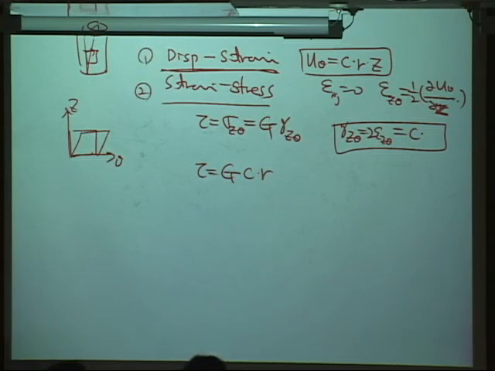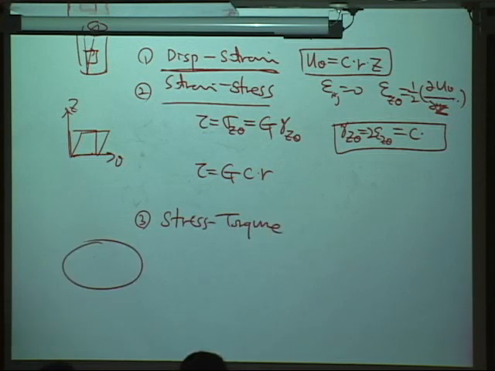This is the first step. This is the second step. What is the third step? Stress and torque. What is the relation? In cross sections, we apply torque, and this is the tau, and this tau is applied to these sections dA.